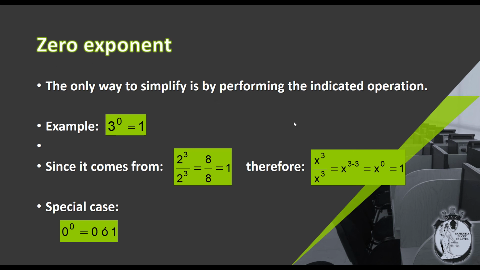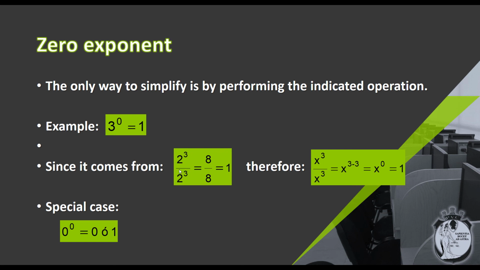Zero exponent. The only way to simplify is by performing the indicated operation. So any value that you raise to a zero exponent is equal to 1.